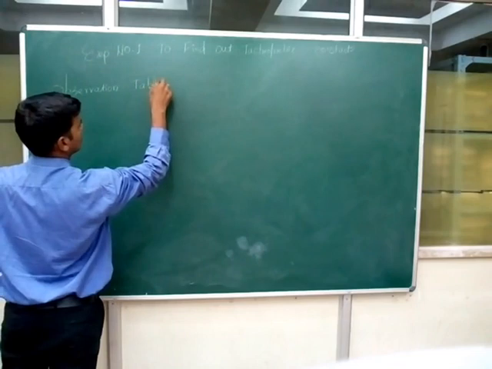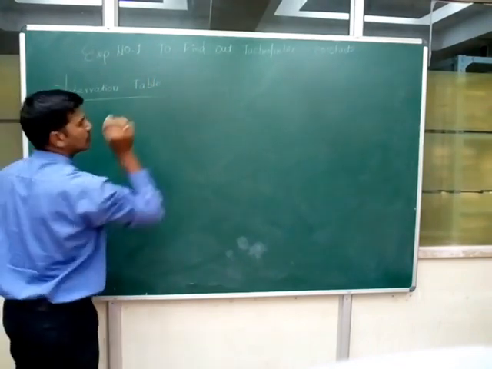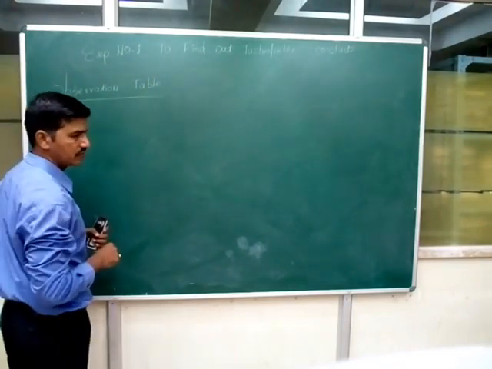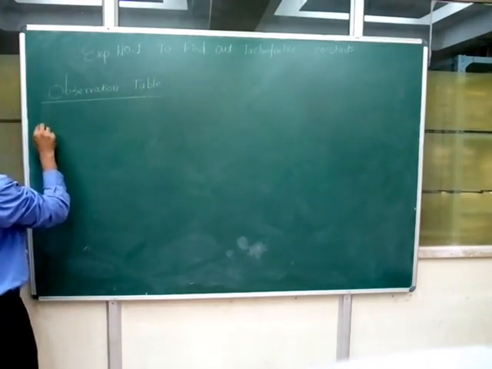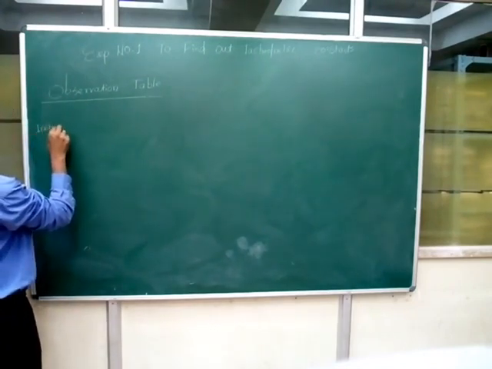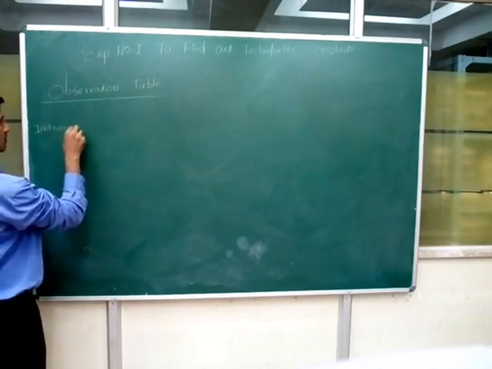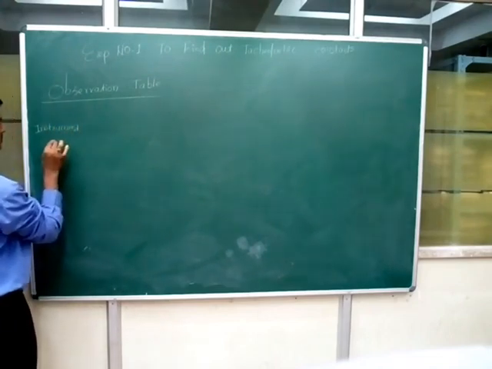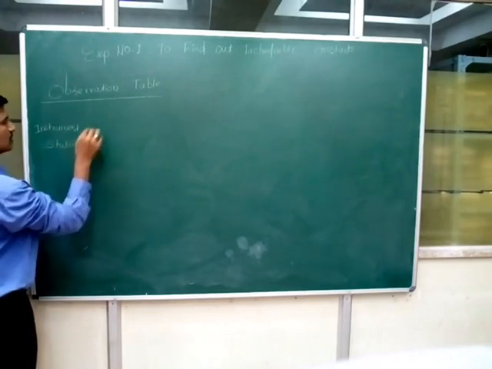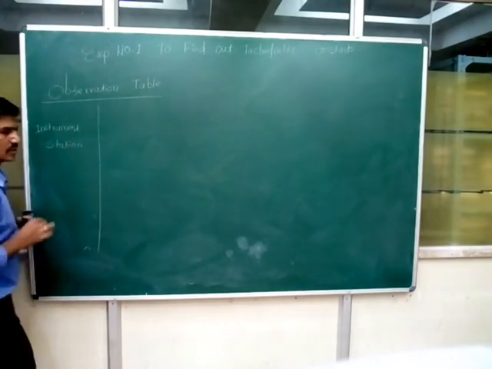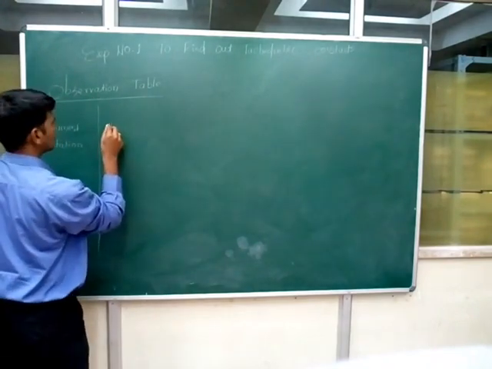So in the observation table, the first column is instrument station. Second column is start station.